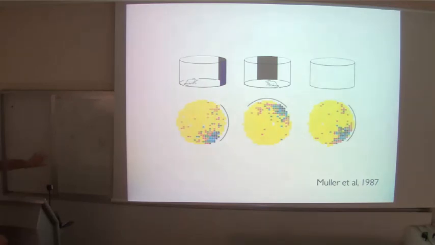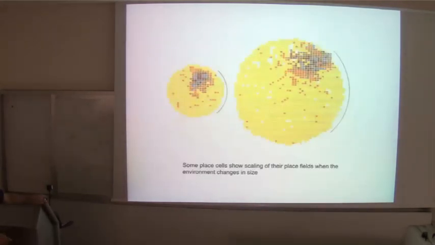You rotate the walls, and the place cells rotate because they are somehow relative to what's going on in space. You rotate it in the other direction, it rotates in a different direction. So it's encoding the space relative to whatever. Otherwise, there's no meaning to that. They don't have GPS, right? So they have to rely on something. Now you take the arena, you make it bigger, and it scales with the arena.